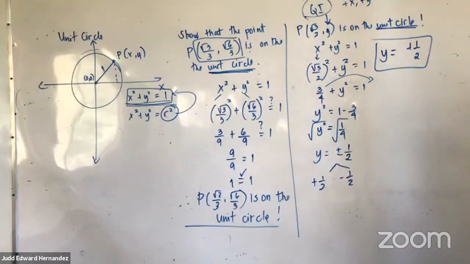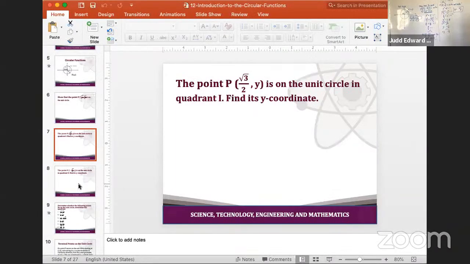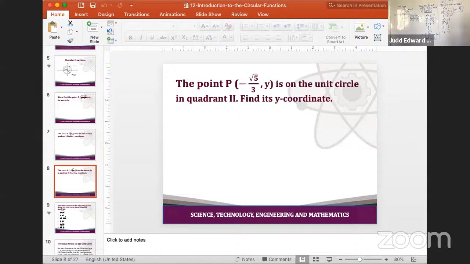Okay, so it is now your turn to answer the next example. The point negative square root of 5/3, y is on the unit circle in quadrant 2.